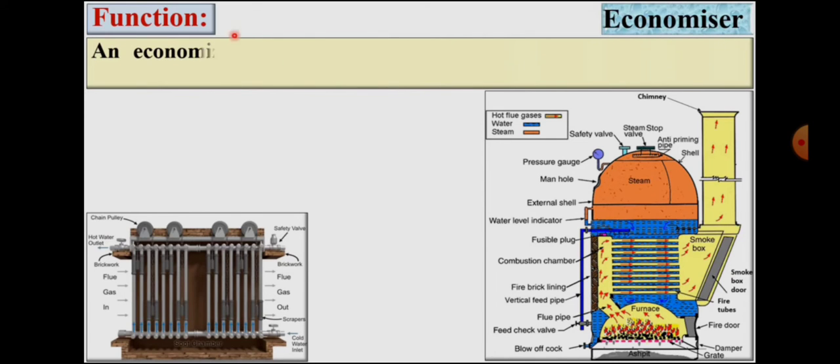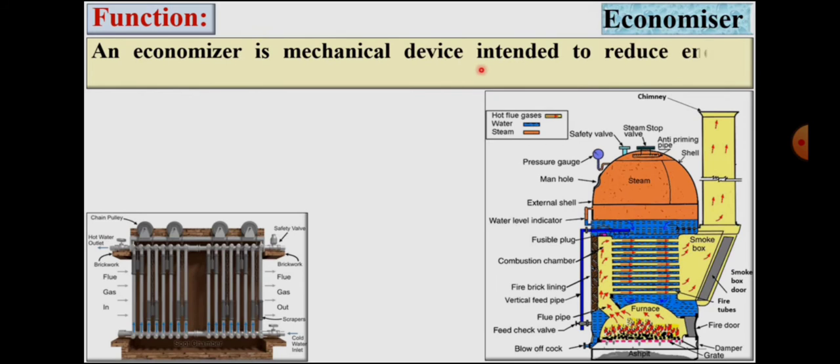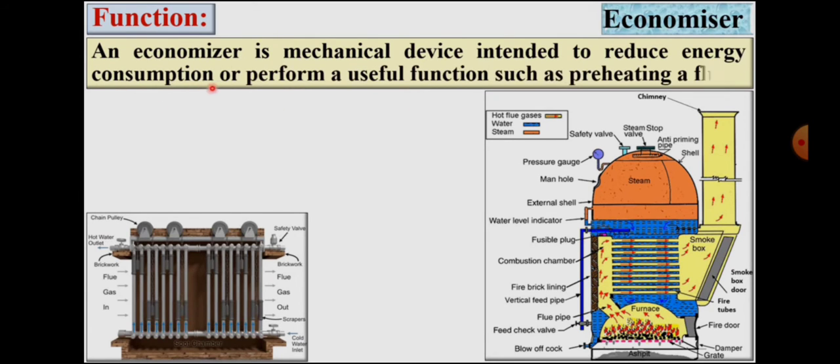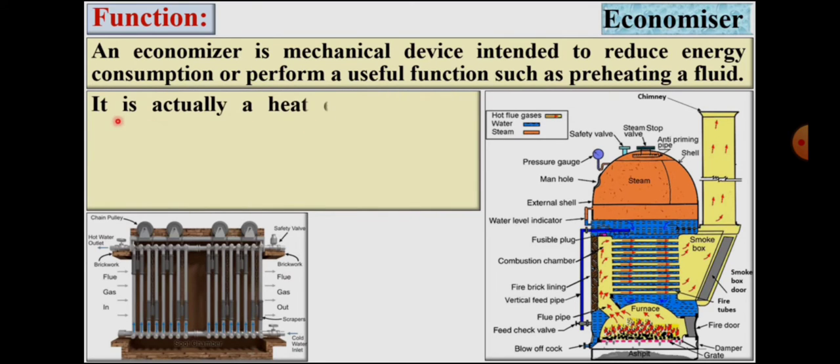Now the next point, function of the economizer. An economizer is a mechanical device intended to reduce energy consumption or perform a useful function such as preheating of a fluid. It is actually a heat exchanger.